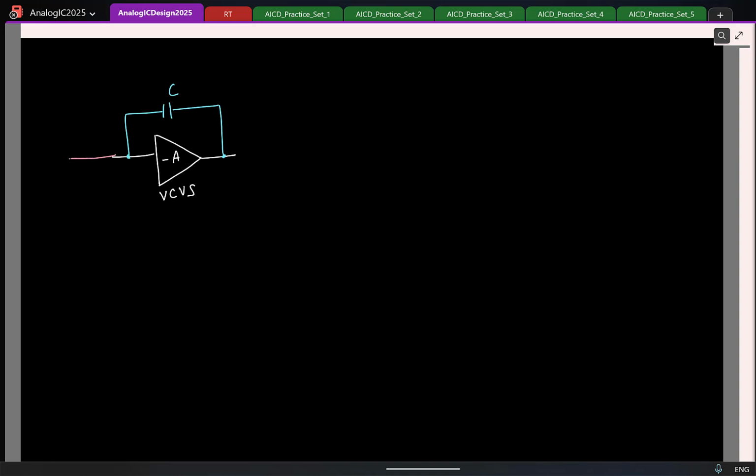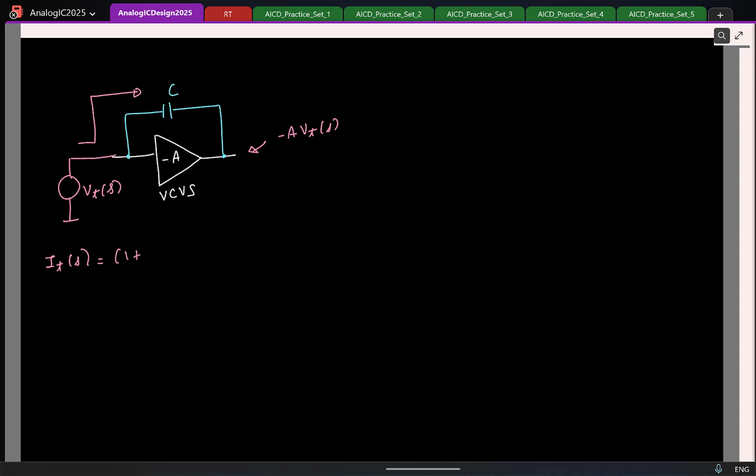I'll apply a test voltage Vt of S, which means what will be the voltage at this node? Minus A times Vt of S. Then what can you say about the current drawn here? This voltage is Vt, this is minus A Vt.